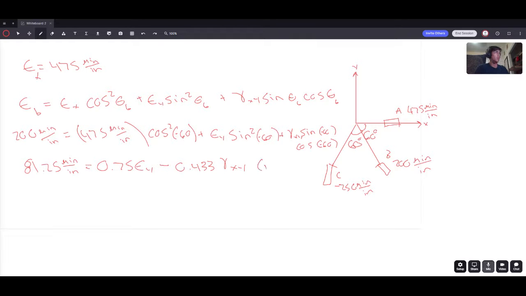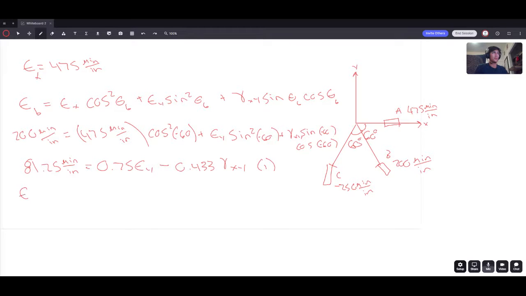This is going to be equation 1. Since we already are given epsilon X from the problem, we only really need to get it down to 2 equations and 2 unknowns. So that's why we only have to simplify the equations for B and C. So this is our first one.